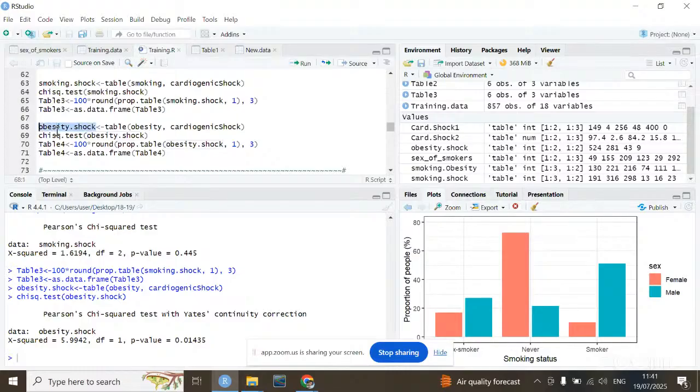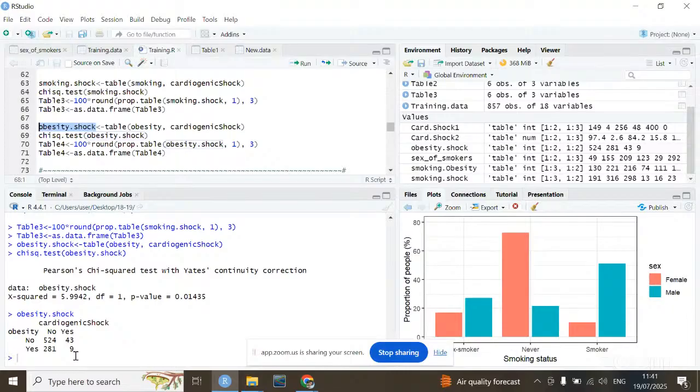When you look at that table, just by the exact numbers, we see that among the people who were not obese, 524 did not have cardiogenic shock, and 43 were having cardiogenic shock. And the people who were obese, 281 never had the cardiogenic shock. Meanwhile, 9 had.